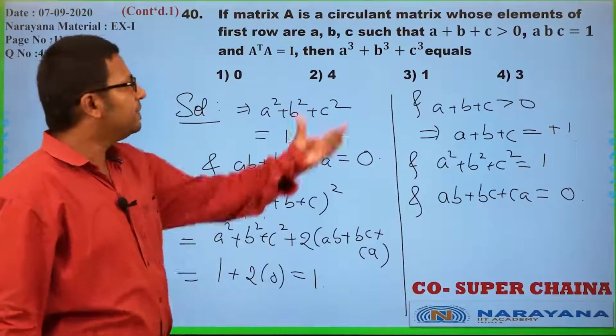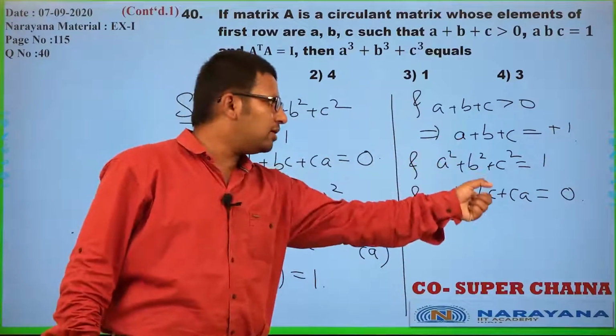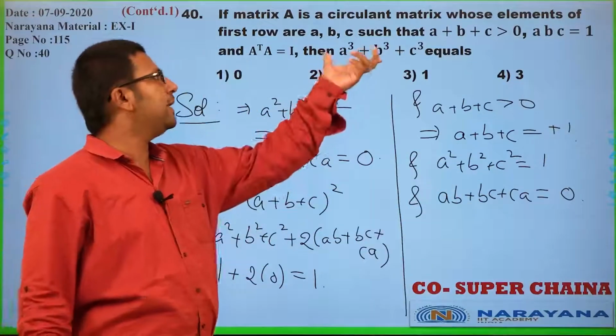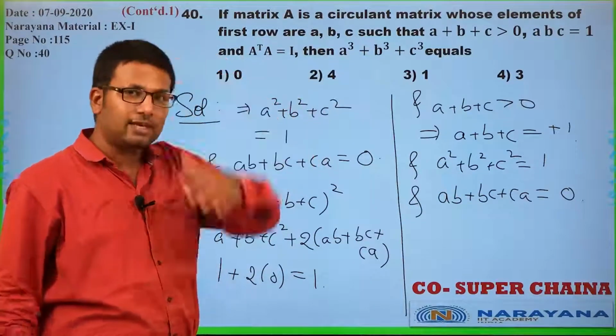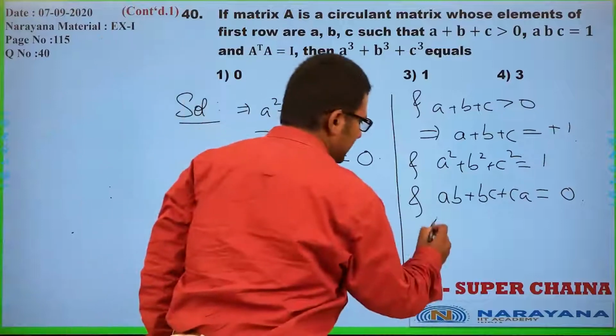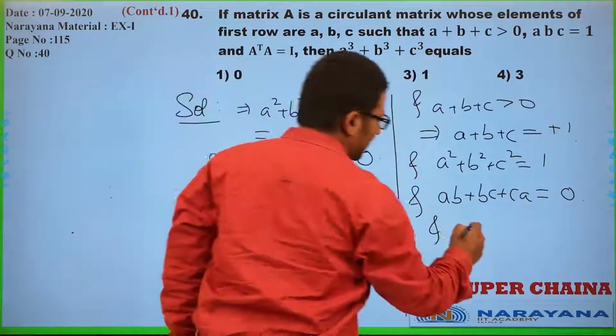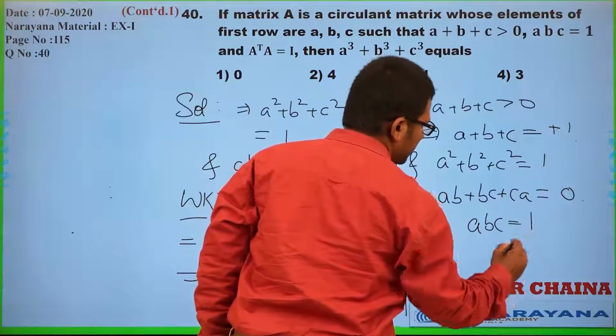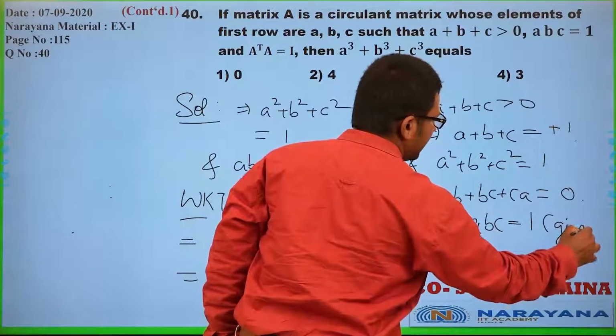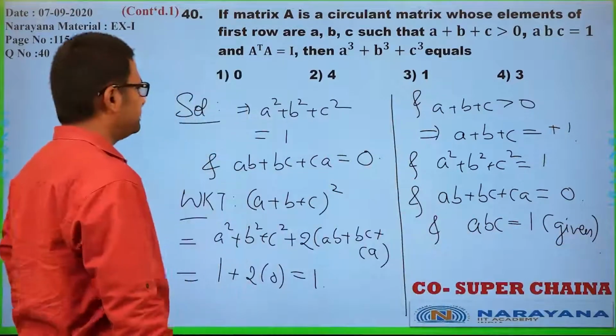My question is, from all of these expressions, how do we get to a³ + b³ + c³? In fact, along with this, it is also given that abc equal to 1.